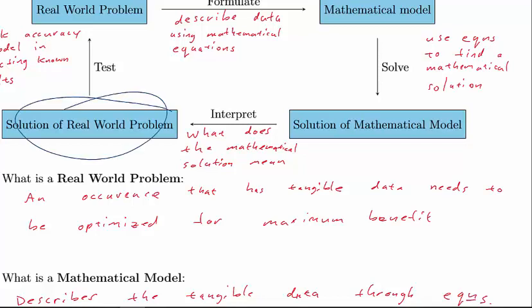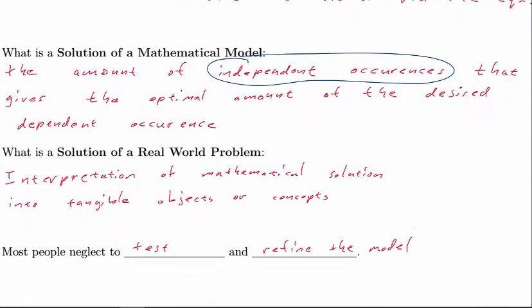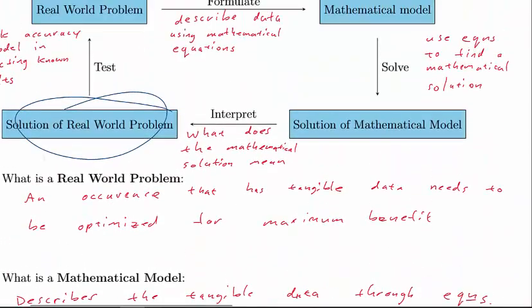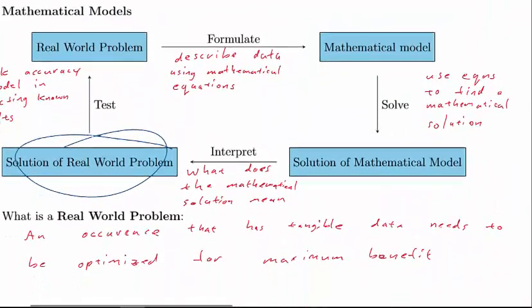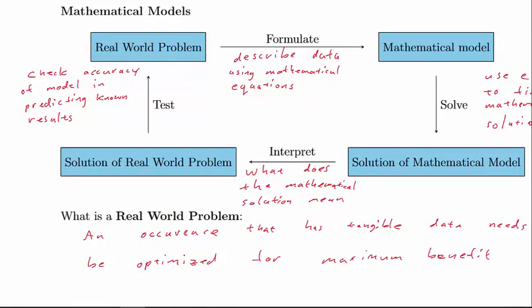Once you have the solution of your real world problem, what is the solution of a real world problem? It is an interpretation of a mathematical solution into tangible objects or concepts. And so we've got one last step, right? Note that this goes in a circle. You want to check the accuracy of your model in predicting known results, right?